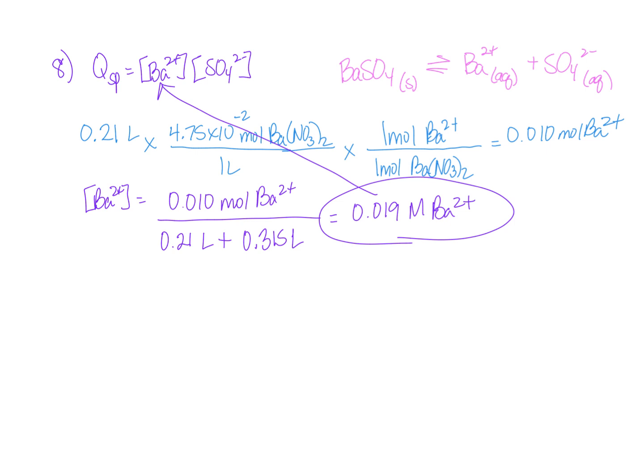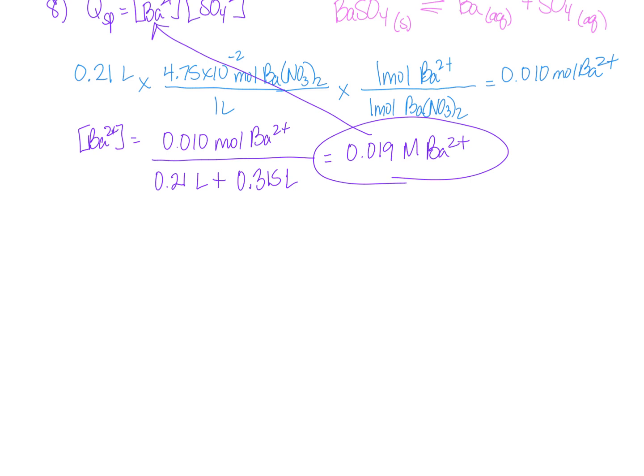So now I'm going to do the same thing, but for the SO4 2-. I'm going to slide up just a little bit and start thinking about the SO4 2-. So I had 315 milliliters, so 0.315 liters of the 0.450 molar, so moles per liter, of the Li2SO4. I only want the SO4, so I'm going to show this step also. There's 1 mole of SO4 2- in 1 mole of Li2SO4.